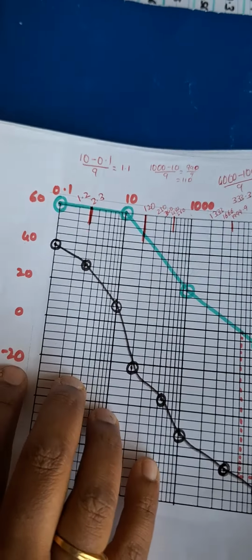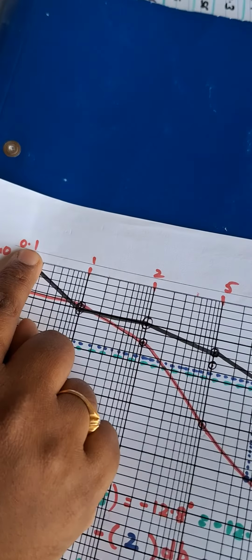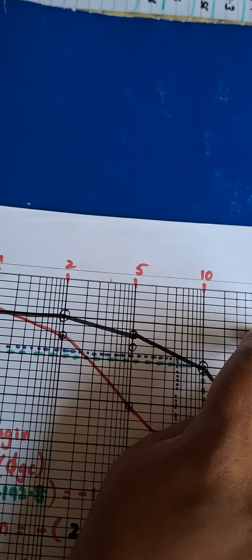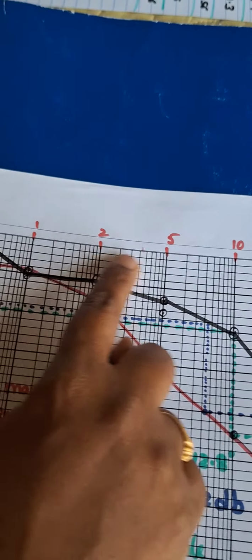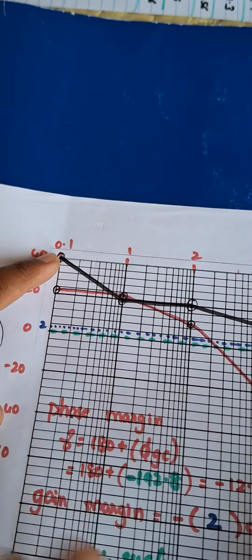So now, we are having our frequencies, right? According to our frequency values, we have 0.1, 1, 2, 5, 10, 50. In this graph, the flexibility is we can choose the values we have. So our frequencies are WL, C1, C2, C3, C4, WH. I wrote them as they are. Now for 0.1, what is the value we got?